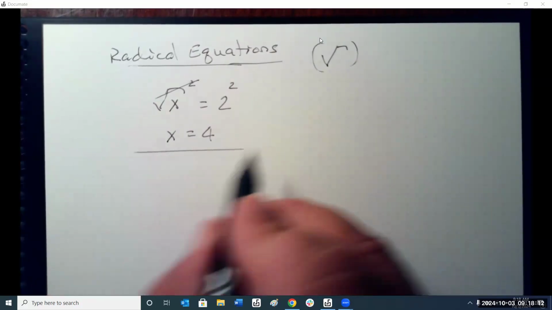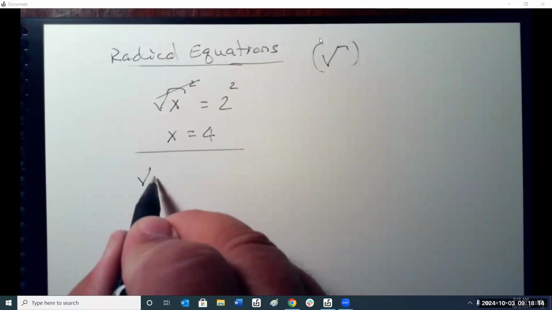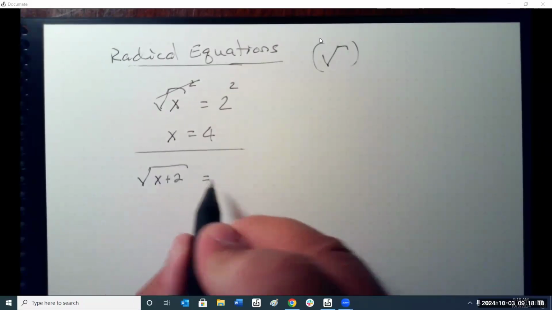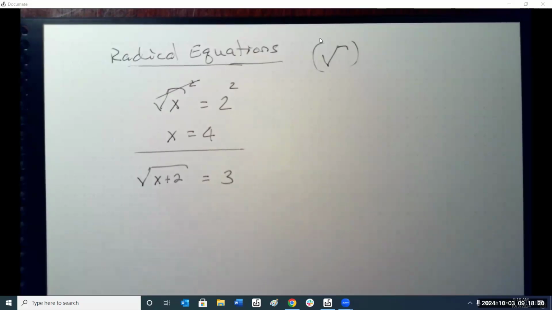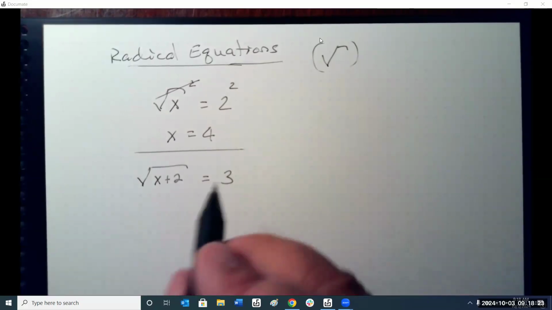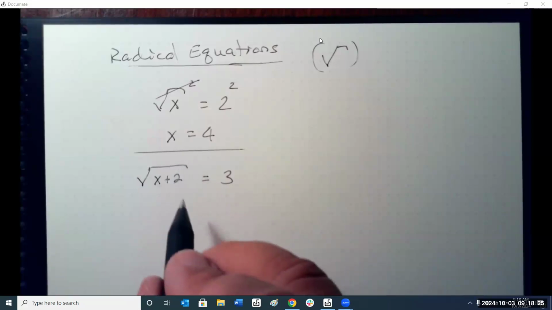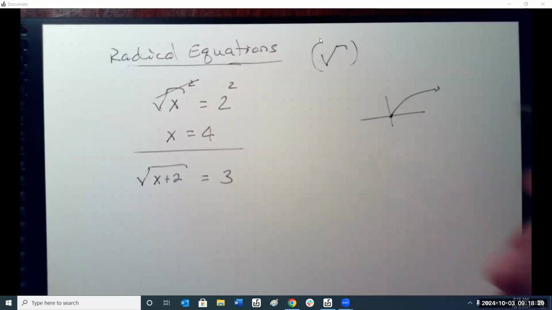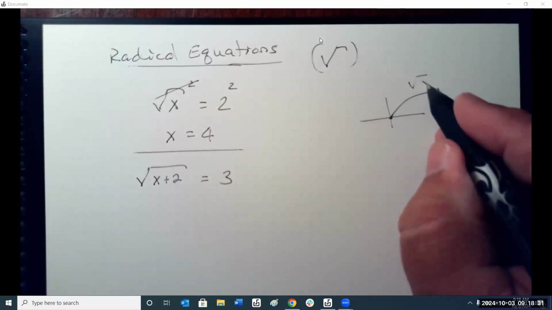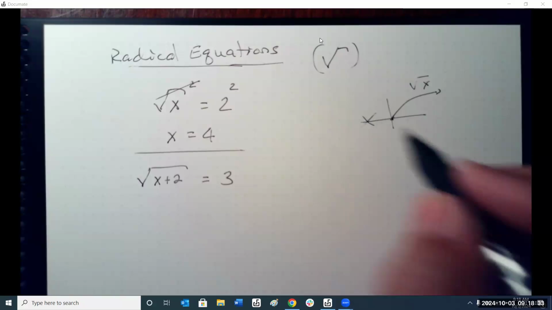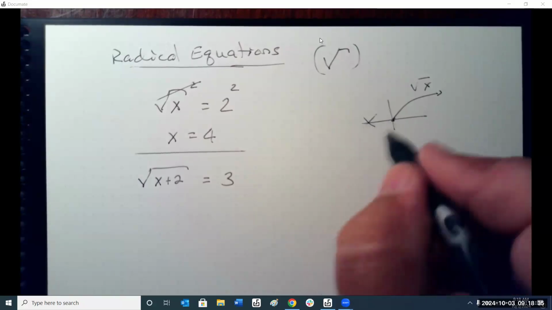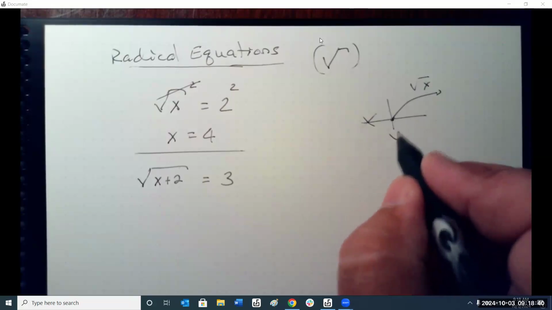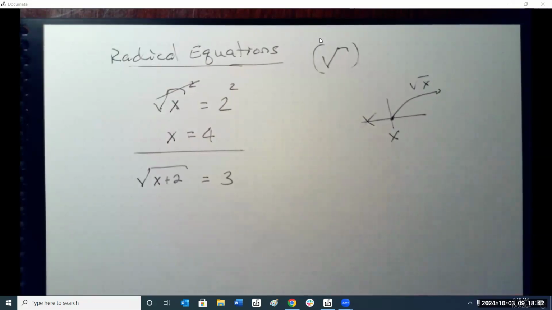Now, what if we had an equation inside there? Square root of x plus 2 equals, say, 3. Important, remember, square roots can never be negative, because remember this, the graph of a square root is like this. We cannot have any x values that are negative. 0 is the smallest, and we cannot have any y values that equal negative.